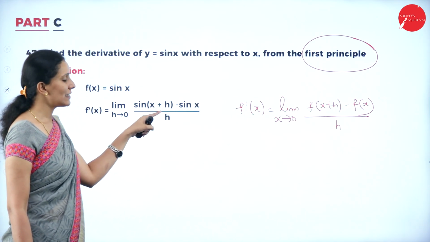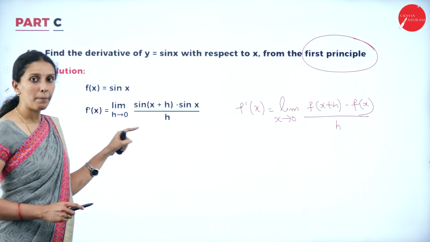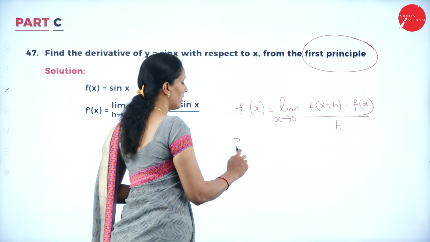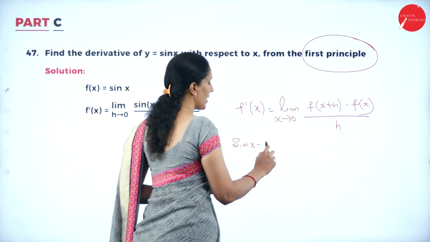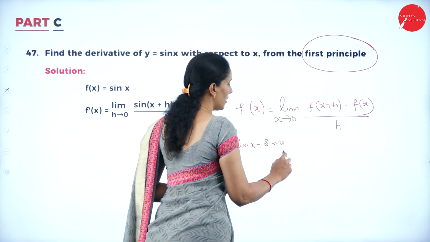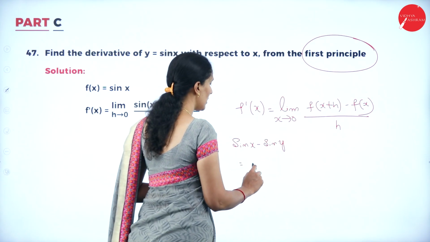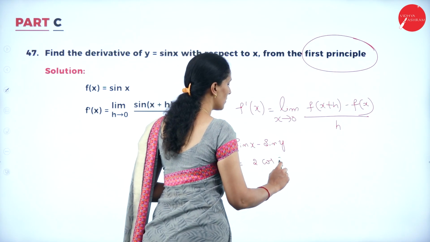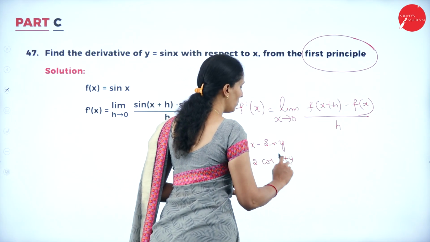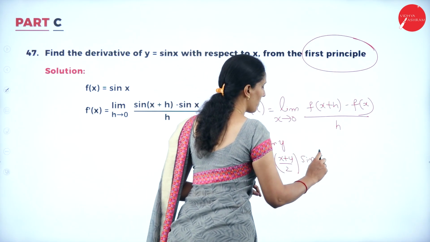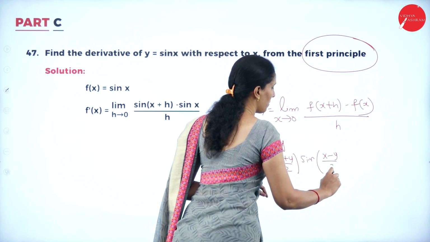Now apply the sin C minus sin D transformation formula: sin x minus sin y is equal to 2 cos of (x plus y) by 2 times sin of (x minus y) by 2.